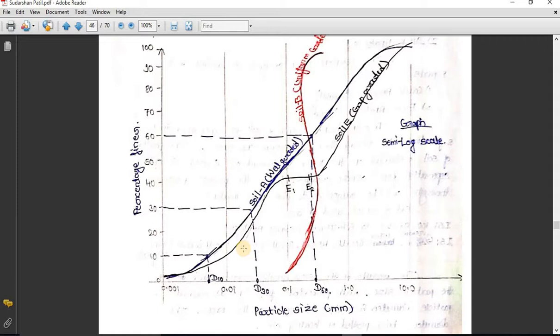I am not saying that all the sizes of the particles are not present. If some sizes are absent, it is called gap graded. But if there is no proper representation, for example a particular size of particle is present in a small quantity and another size is present in a huge quantity, it is called poorly graded soil.